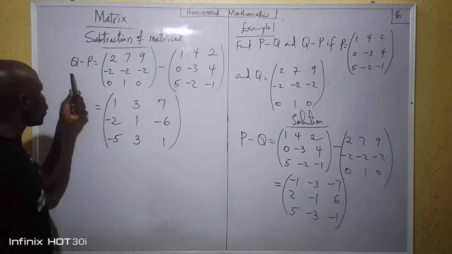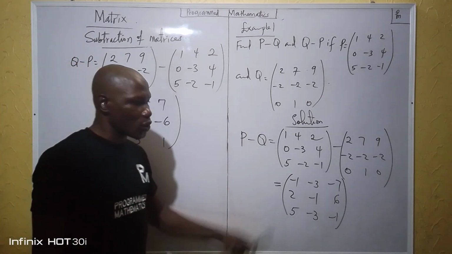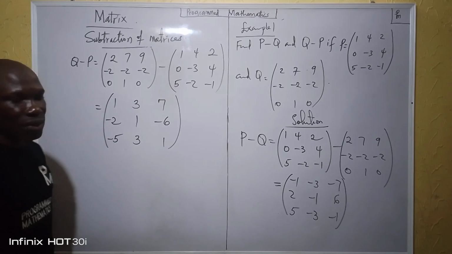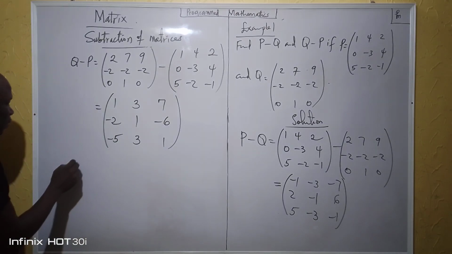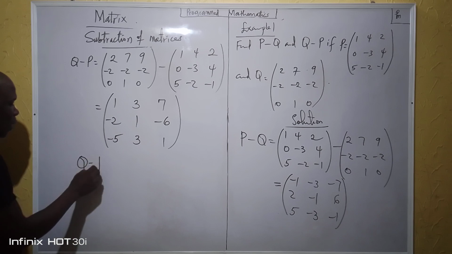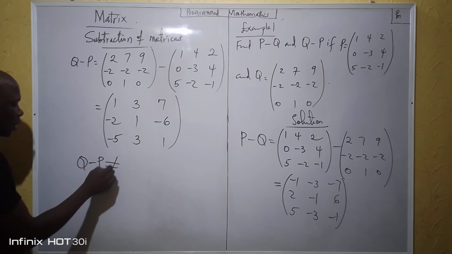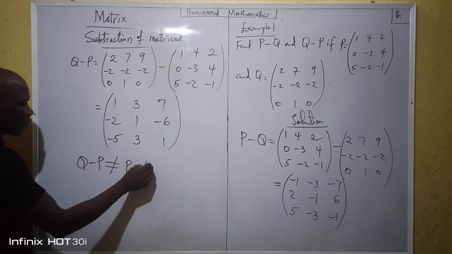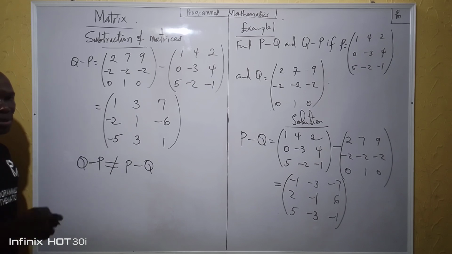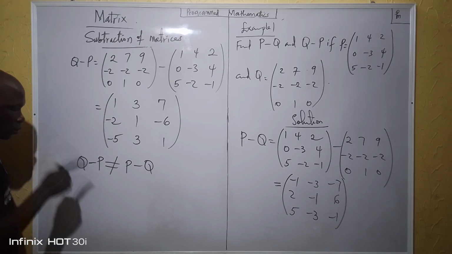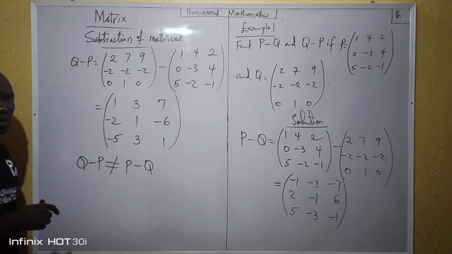Because Q minus P and P minus Q are just inverse of each other. What that means in this case is that Q minus P is not the same as P minus Q. And so, unlike addition of matrices that is commutative, subtraction of matrices is not commutative.